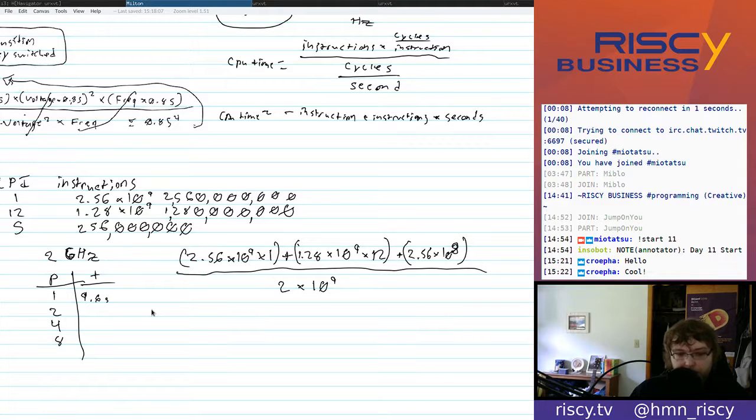So if we're splitting this up across 2 cores, then I guess we just stick the division in there for the arithmetic and load store instructions, right?